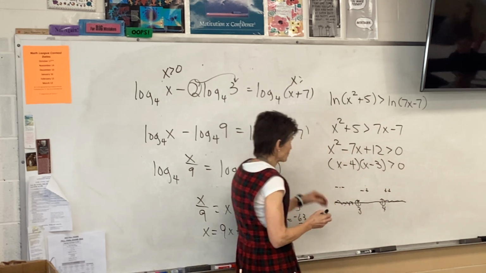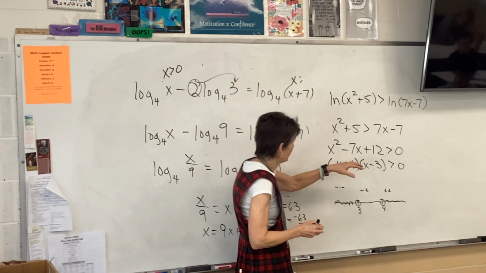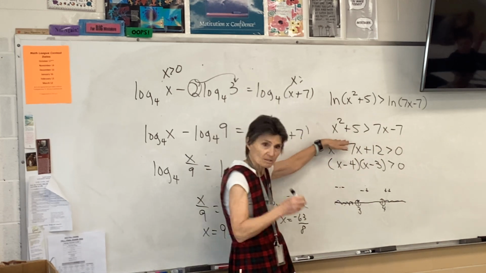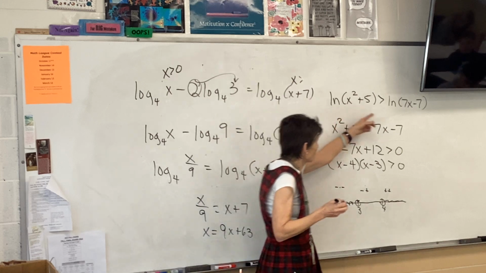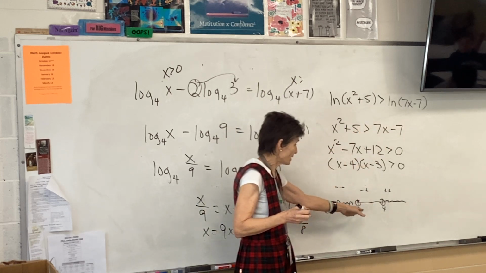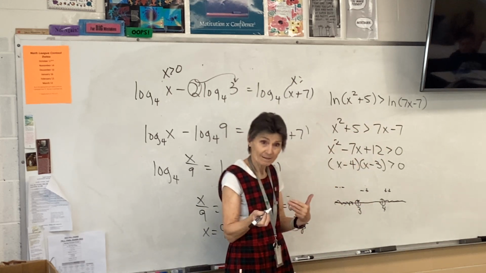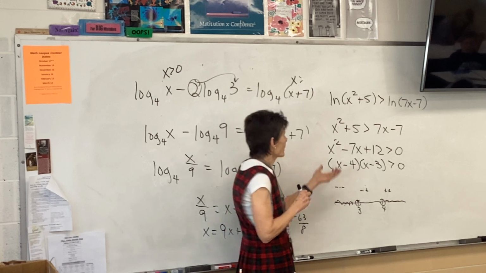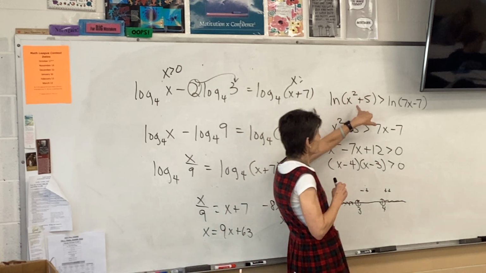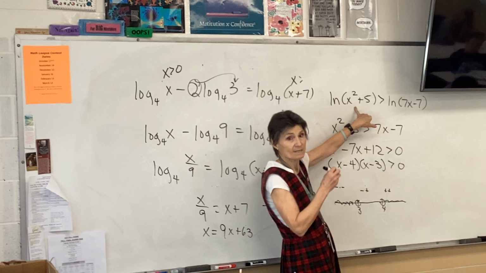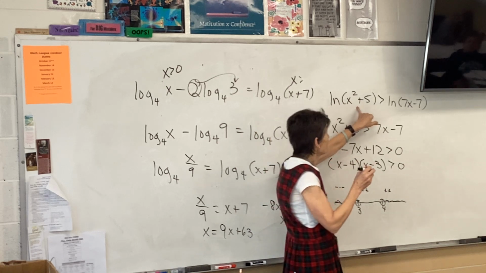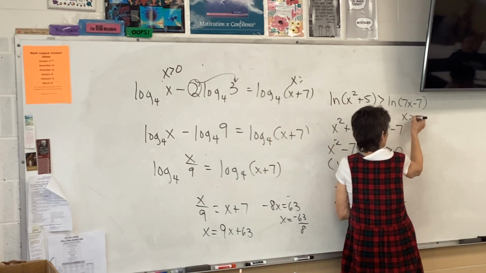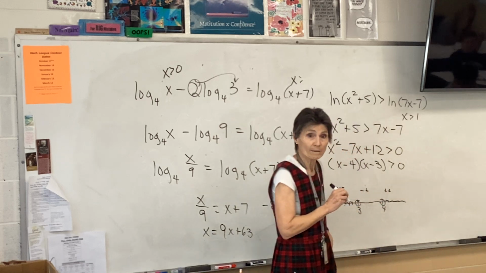So the answer to the X part of the problem is all that. But again, it's a logarithm, so I have to go back. This one I don't need to worry about because it's always going to be positive. But this tells me x has to be bigger than 1.